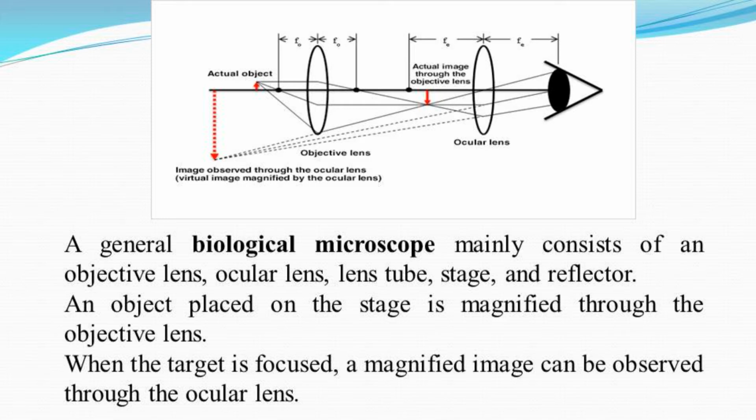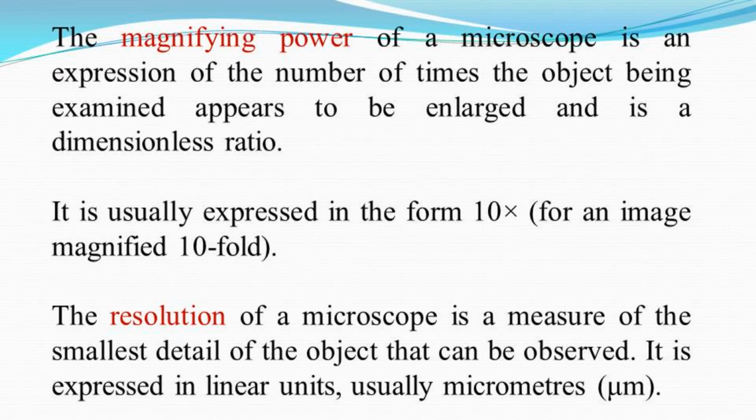A general biological microscope mainly consists of an objective lens, ocular lens, lens tube, stage, and reflector. An object placed on the stage is magnified through the objective lens. When the target is focused, a magnified image can be observed through the ocular lens.